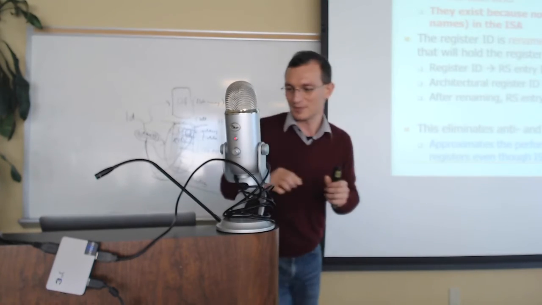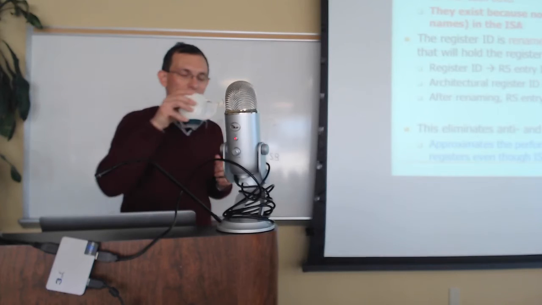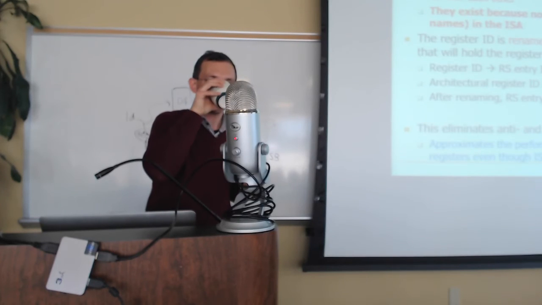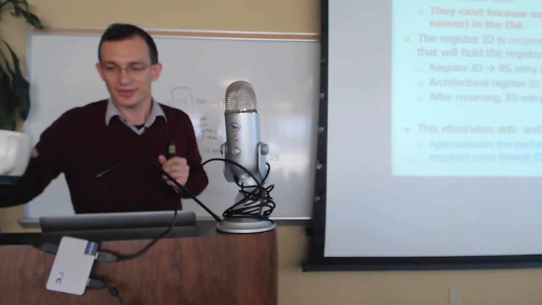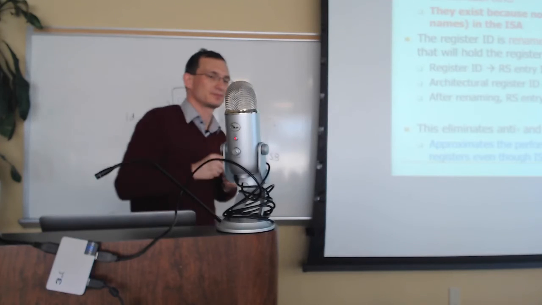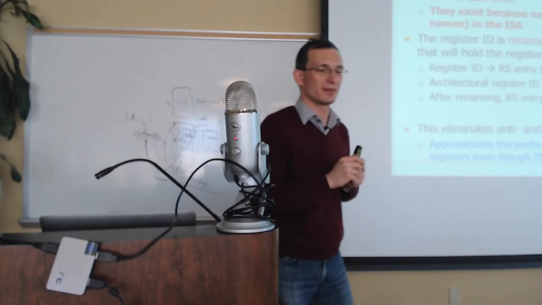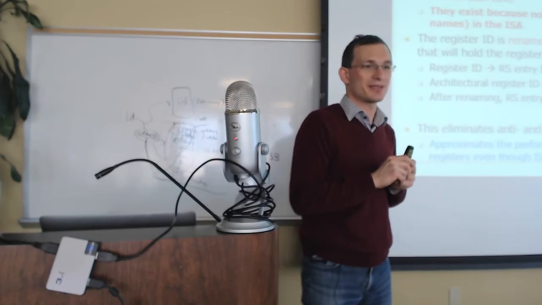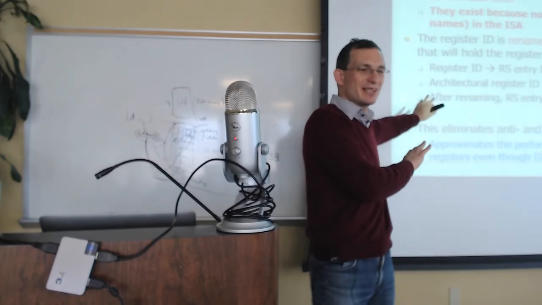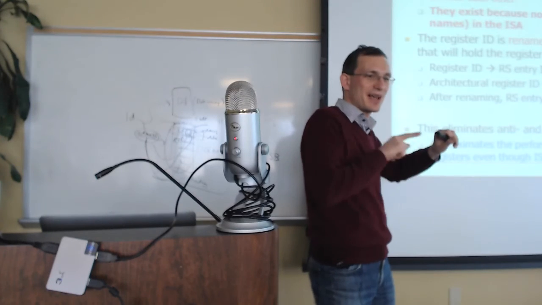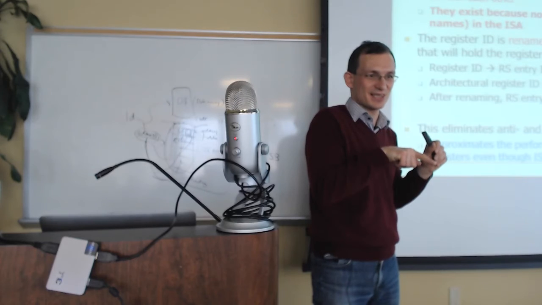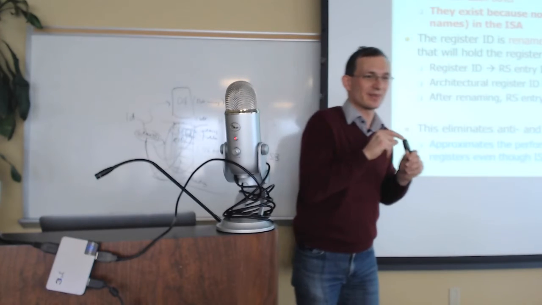Yes. Is the size of those total reservation stations proportional to the depth of the pipeline, such that you can essentially have a different reference for each possible instruction at each possible stage? That's certainly possible. We'll see how a reservation station is organized. It doesn't reference the stages. Oh, I see what you're saying.